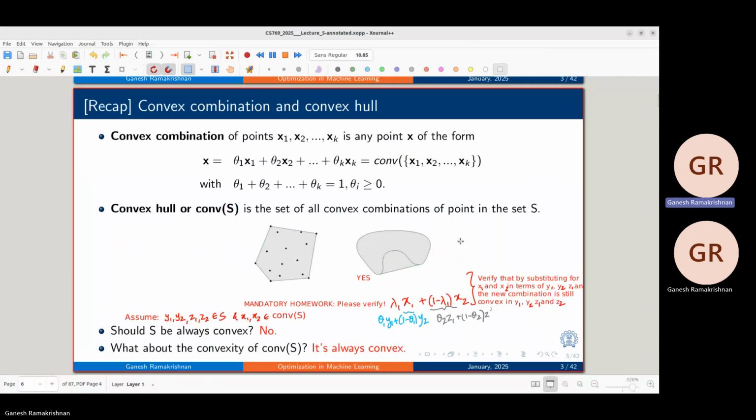One was, of course, contemplating on the supporting hyperplane theorem, how it results from the separating hyperplane theorem, its connection with convex hulls. But I also left you with a couple more homeworks, which was how do you show that the convex hull is always convex, right? So you need to verify that if you take convex combinations of all points, that gives you the convex hull, which is indeed going to give you a convex set.